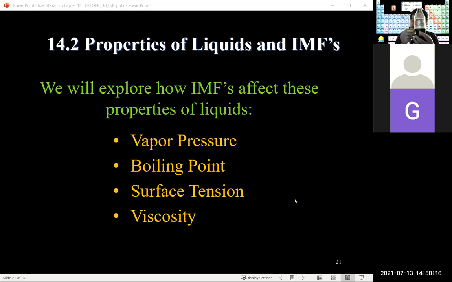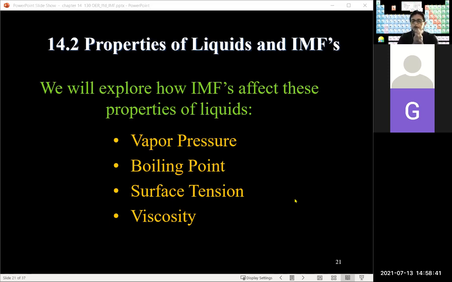The less force that holds these molecules together, the greater the vapor pressure, and the converse is true. The greater the force holding the molecules together, the lower the vapor pressure, because fewer molecules are allowed to go into the air, into empty space.